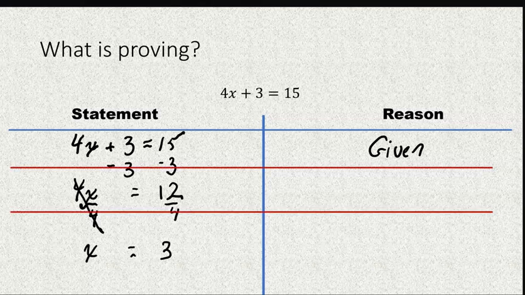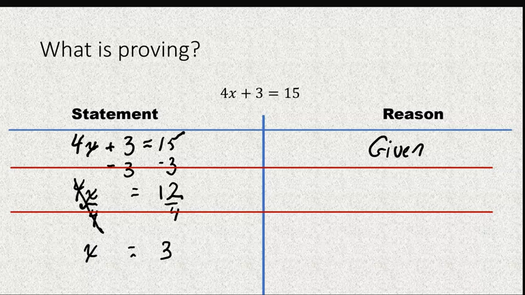Okay, so I purposely inserted some lines crossing out the arithmetic step. The reason for that is when we prove, even in algebraic proofs, typically the step is not written, but instead justified.